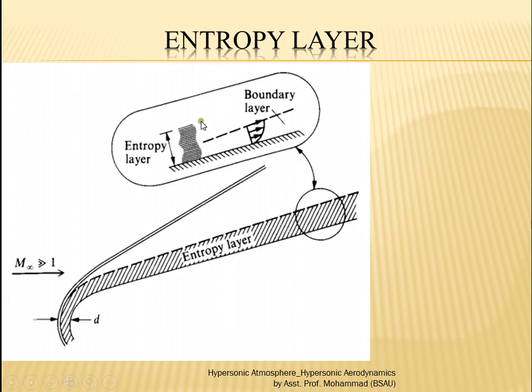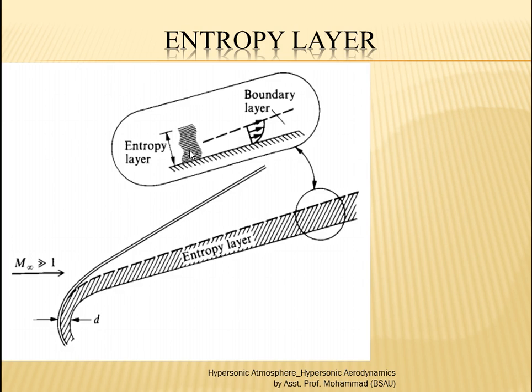Now when these two layers become comparable, they start interacting and affecting each other. We know that the boundary layer is a viscous phenomenon, so a lot of vortices are available inside the boundary layer, and the entropy layer also contains a lot of vortices. It's also a flow which contains a lot of vorticity, and this is according to Crocco's theorem from classical compressible flow.